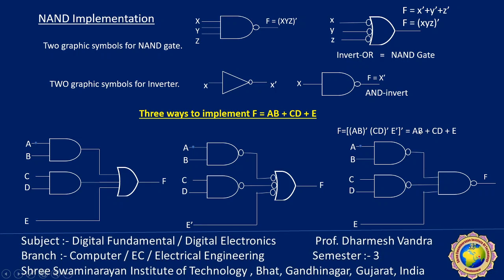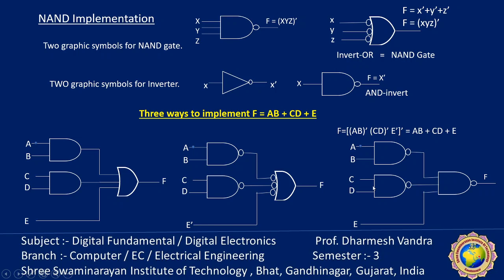The NOT gate is replaced by an AND-invert gate. Here E dash is there; sorry, it was a typing mistake. So with the help of NAND gates, we can implement the circuits.